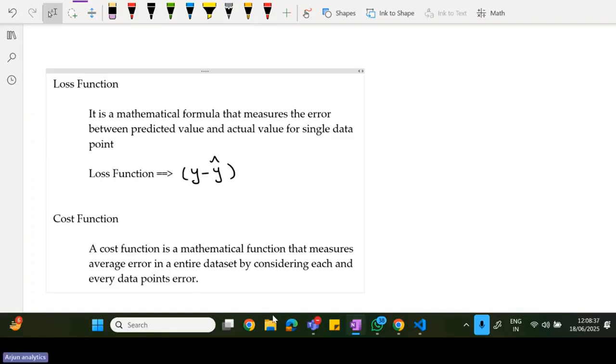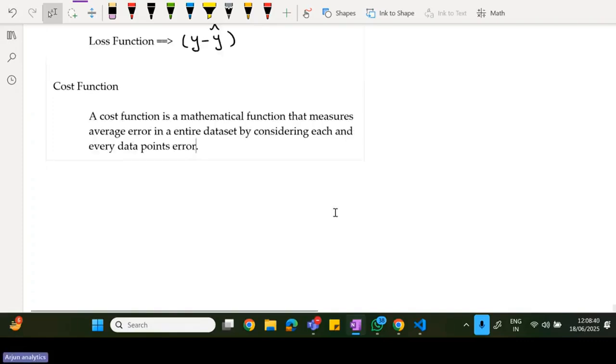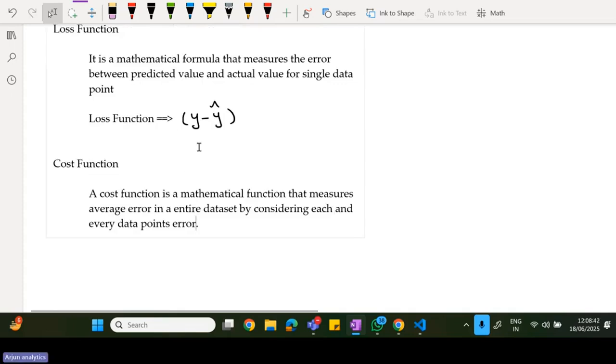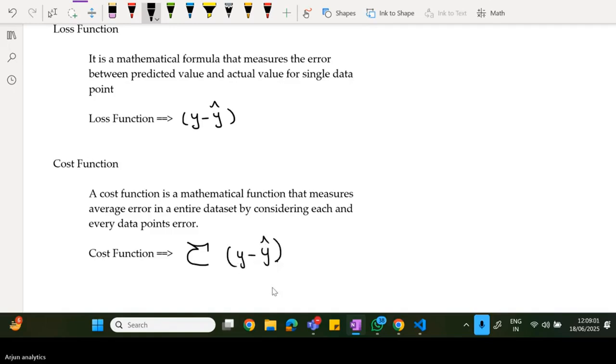In simple terms, the loss will calculate a single point. Now I will show you how the formula looks. Cost function is nothing but the summation of y minus y hat, divided by n. Whether you keep the square or not is up to you.